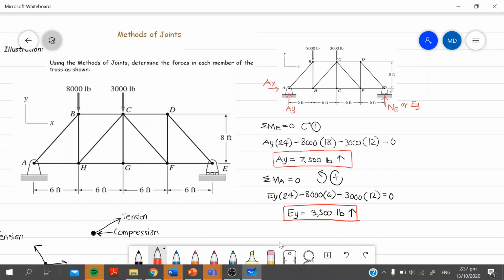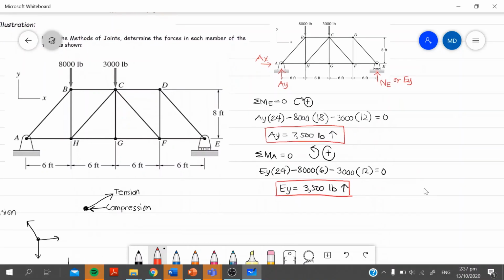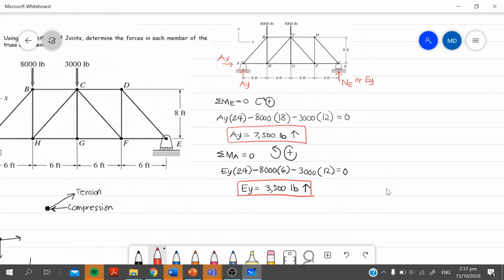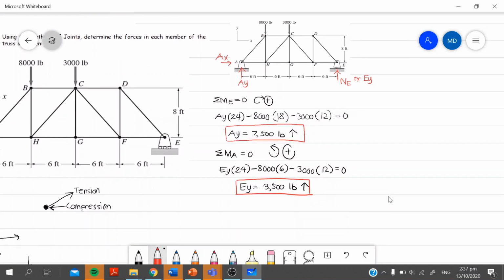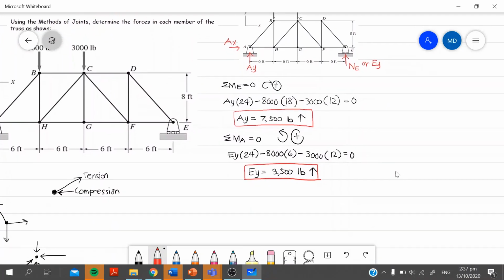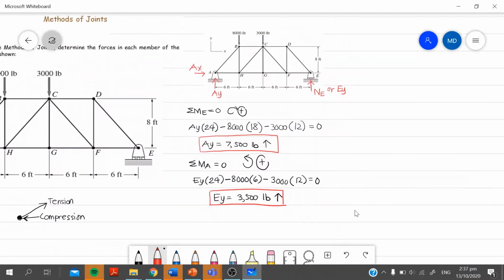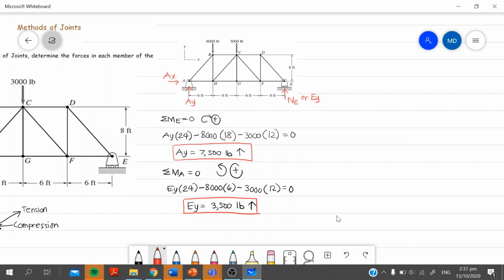Okay. Now, let's do the checking kung tama ba ni na reaction. Otherwise, if mali, hindi tayo mag-proceed. So, dapat tama agad ang reaction. So, for checking, let's just do sum up forces vertical.